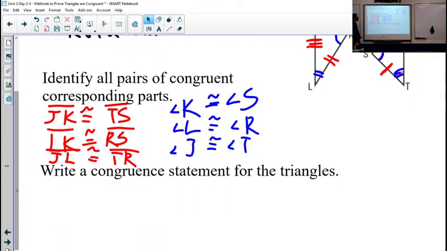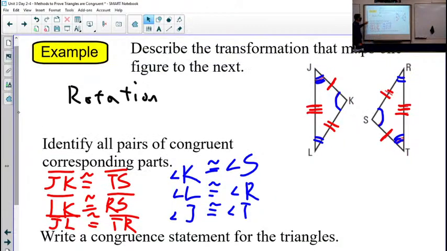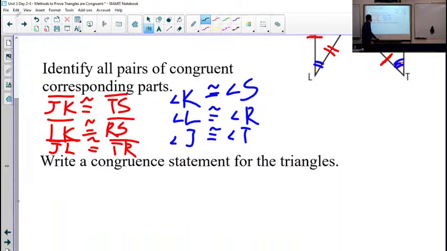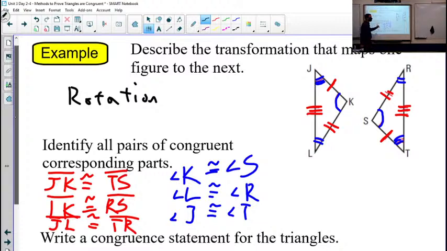Finally, we're going to write a congruence statement for the triangles. So I'm going to pick an order for the first triangle. Again, the idea is that the order is going to matter. What that means is that for my first triangle, I get to choose an order. I'm going to go in order of how we did the angles.